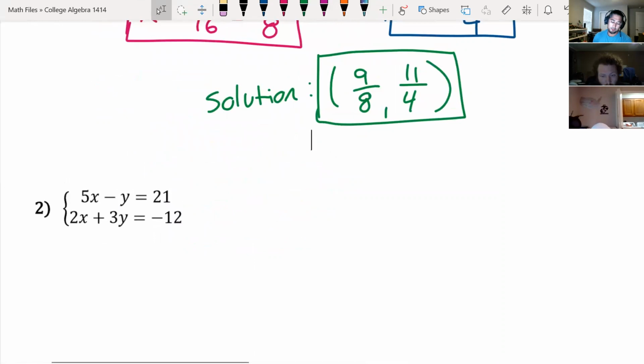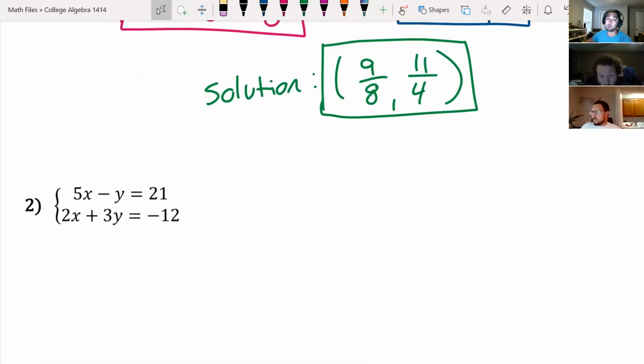Number 2: 5x minus y equals 21, and 2x plus 3y equals negative 12. We want to solve this by substitution also, so let's change things up. Let's rearrange equation 2 and plug it into equation 1, and let's solve it for x.